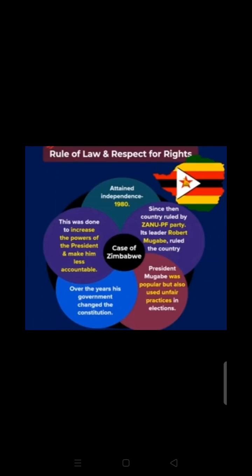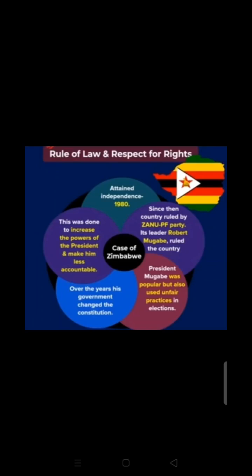Naturally, he was also very popular because he led the freedom struggle to get independence. So elections have been held regularly and always won by ZANU-PF, like in India. Because in India also Congress ruled after independence for near about 20 years, because in the freedom struggle the Congress party did lots of work to get independence. Same thing was in Zimbabwe.